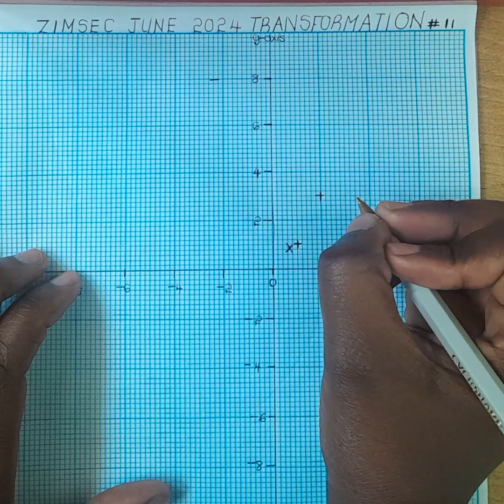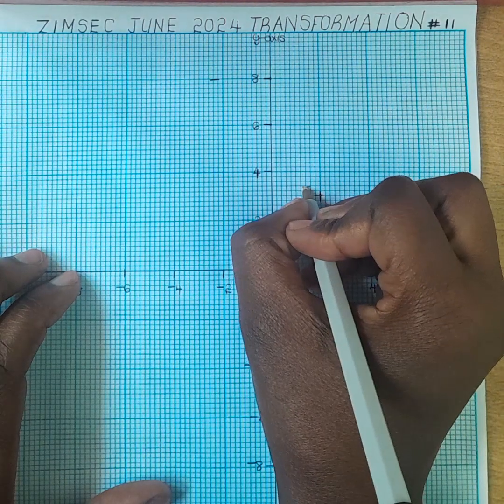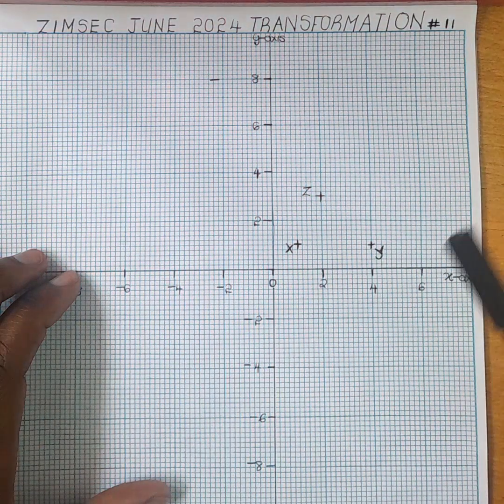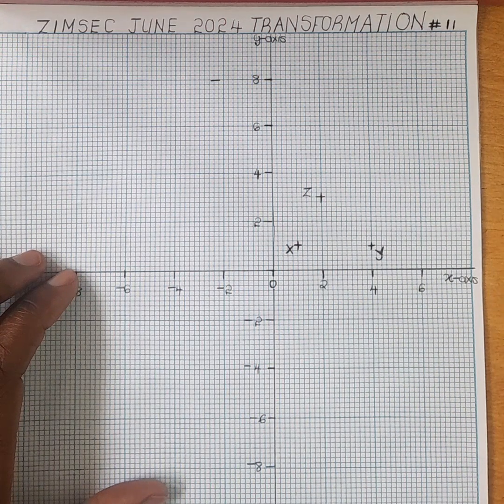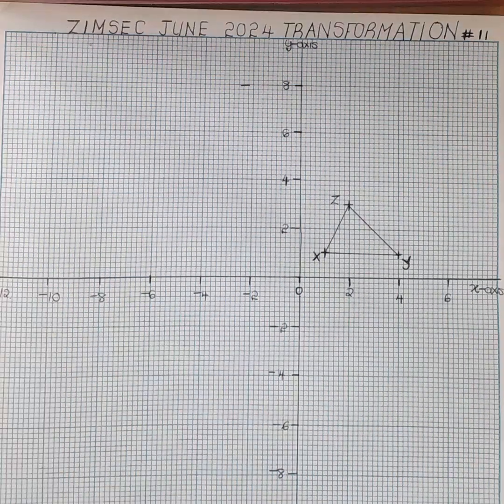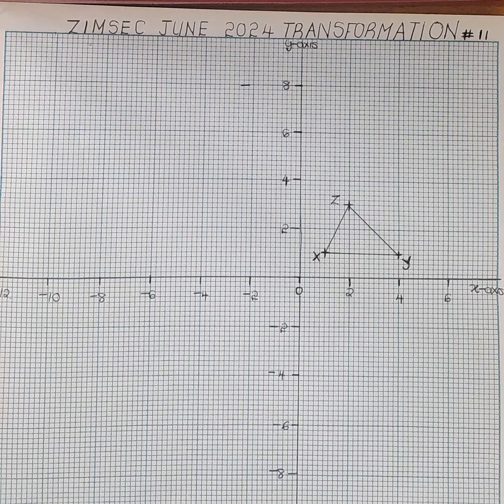And then we need to label it Z. After that, we are going to join these 3 points in order to come up with triangle XYZ. By doing this, you obtain the first mark.